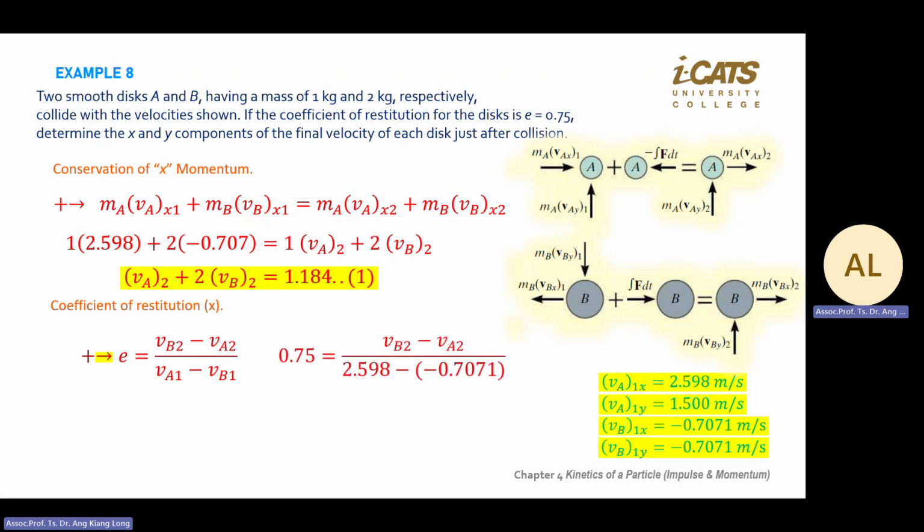You substitute, you get another equation, solving simultaneously. Equation 1, equation 2. You need to polish up your simultaneous equations if you're weak, because in dynamics, as you can see, we have only reached chapter 4 and you keep seeing simultaneous solutions.